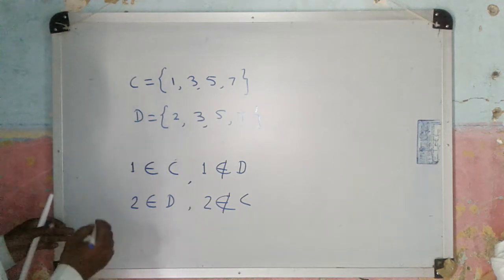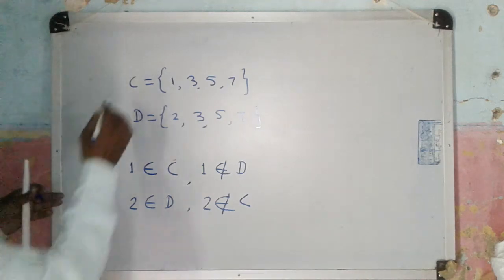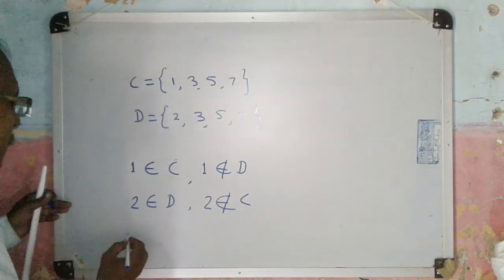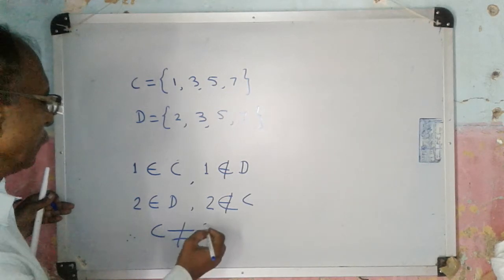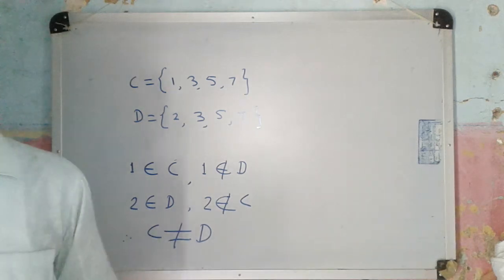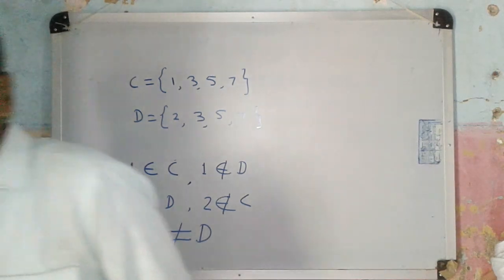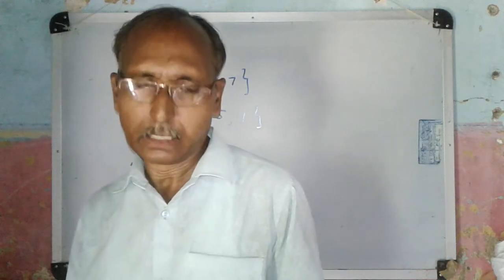So, set C and D are not equal sets, and we can write it like this: C is not equal to D. So, these are the types of sets. Now in the next part we will solve examples from practice set 1.1.